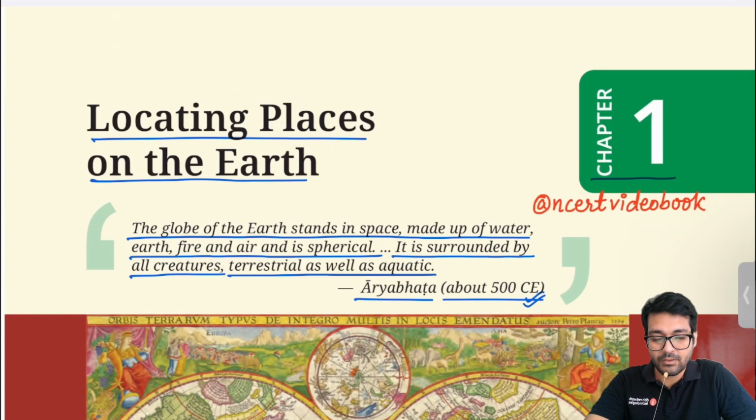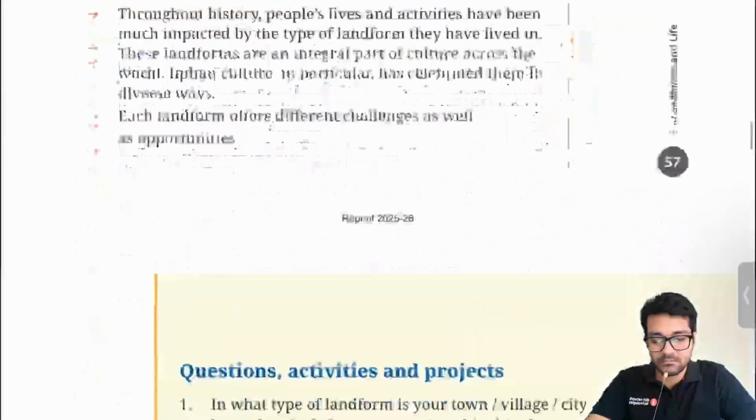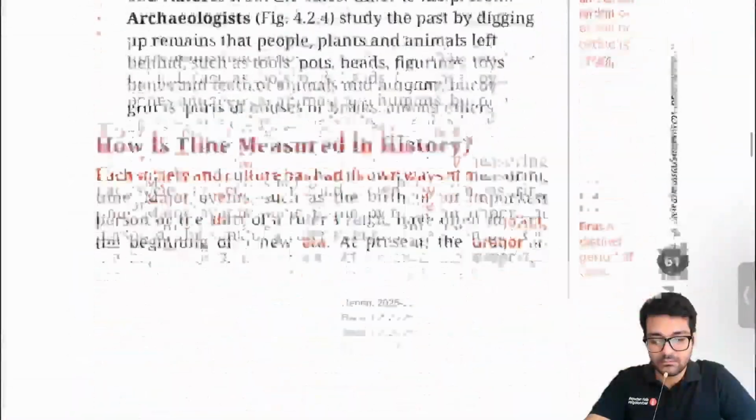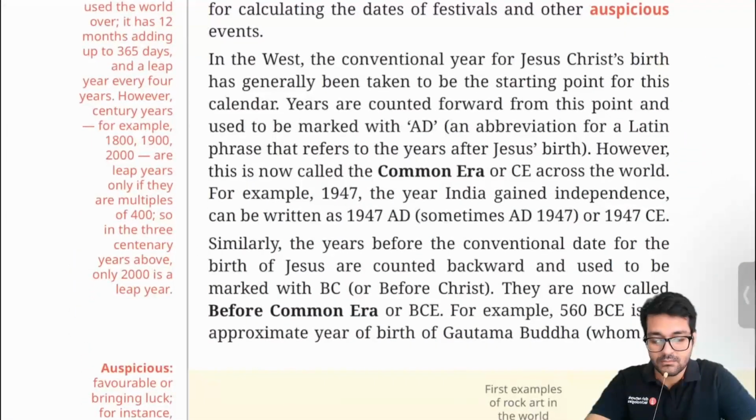For this, we will be moving to Chapter 4. Here we will be understanding the meaning of Common Era or CE, also known as AD or Anno Domini.